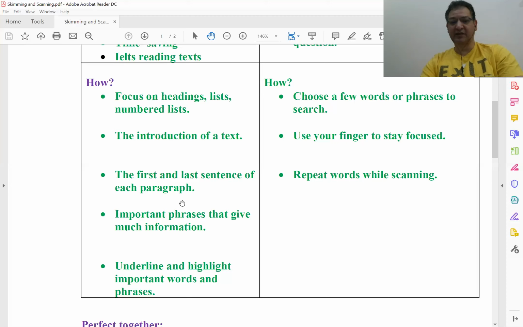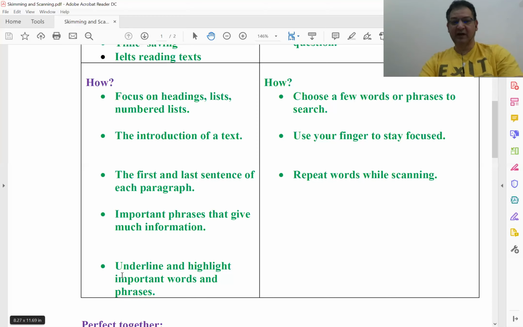So reading the first sentence and the last sentence of each paragraph helps you to understand the main idea of each paragraph. While you are skimming the passage in IELTS tests, you can read important phrases, the phrases that you feel are important, because they give you much information about the text.